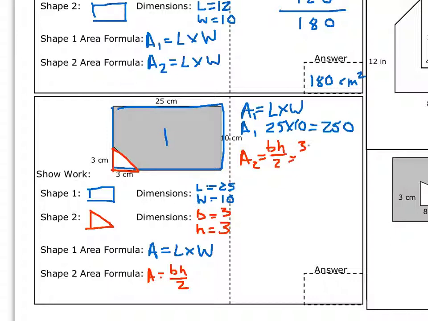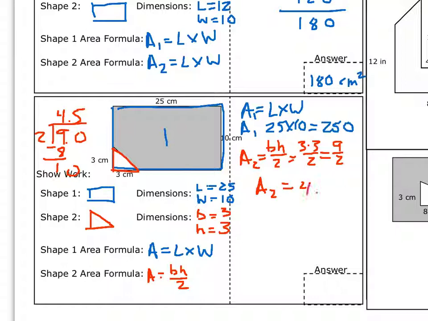That's 3 times 3 divided by 2, which is 9 divided by 2. So A2 is equal to 9 divided by 2, which is 4.5. I'm going to find out how much cookie I had left.